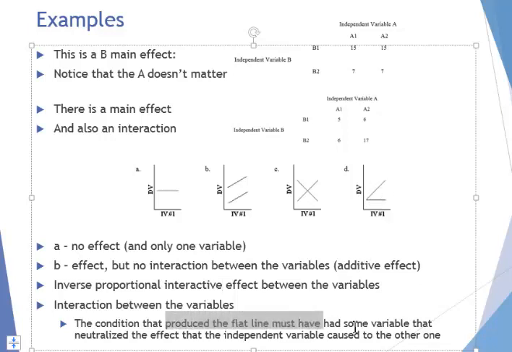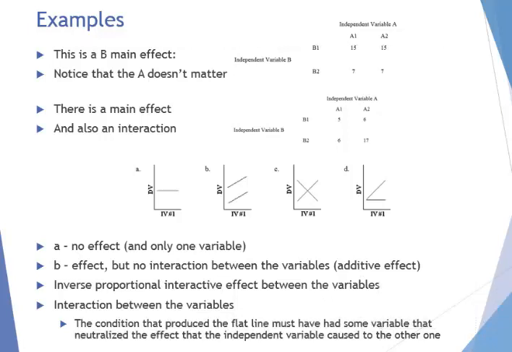The condition that produced a flat line must have had some variable that neutralized the effect of the independent variable to the other one. In other words, remember these lines are each of a different experiment, and so this experiment produced no relationship, whereas this experiment produced a different relationship.